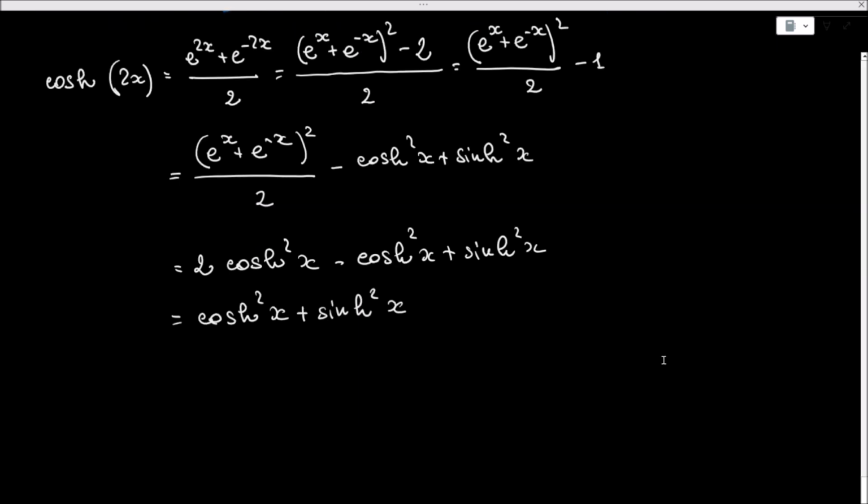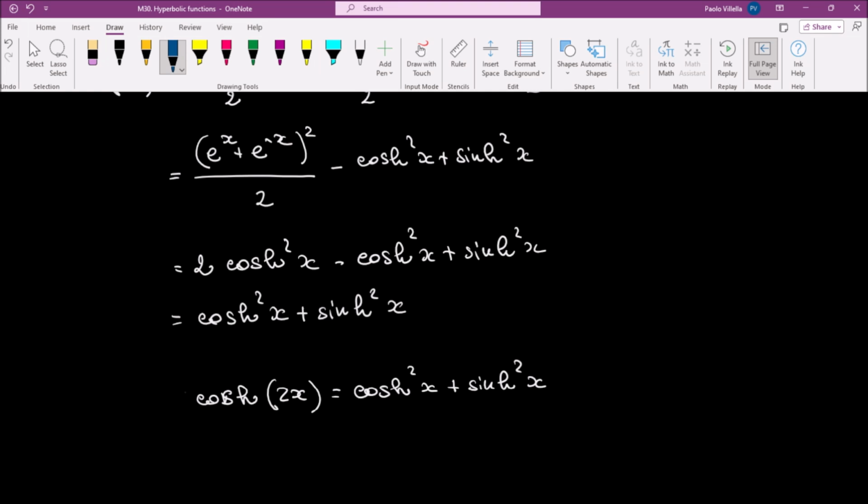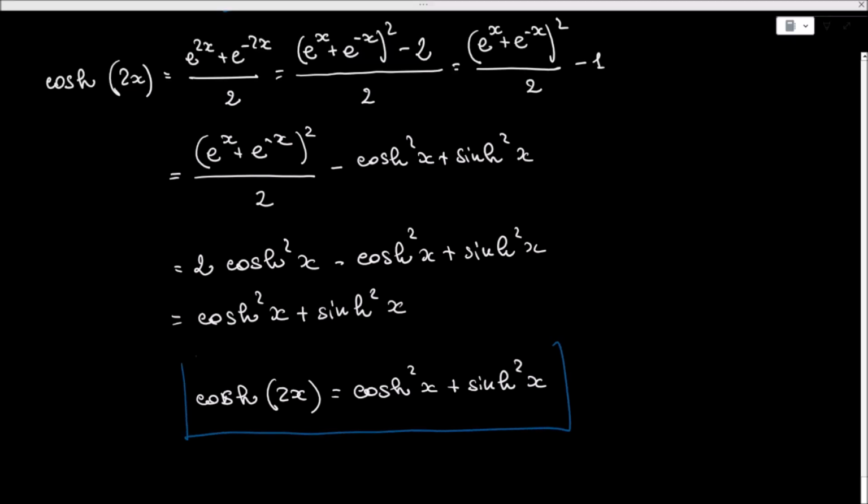So we have another similarity with the trigonometric function, because we can conclude saying that the hyperbolic cosine of 2x, so the duplication formula for the hyperbolic cosine, is simply given by the hyperbolic cosine square of x plus the hyperbolic sine square of x, fully similar to the analogous expression for the trigonometric functions.